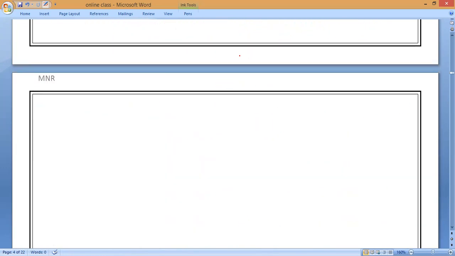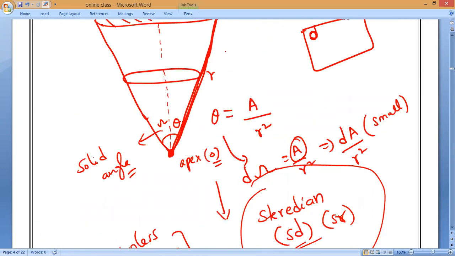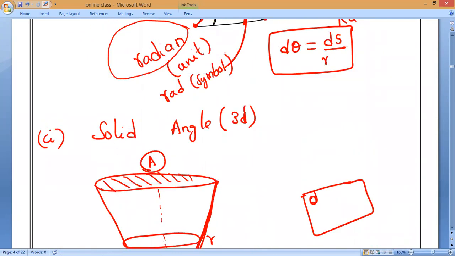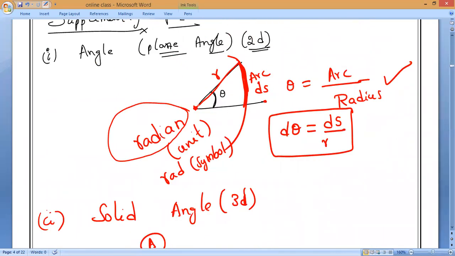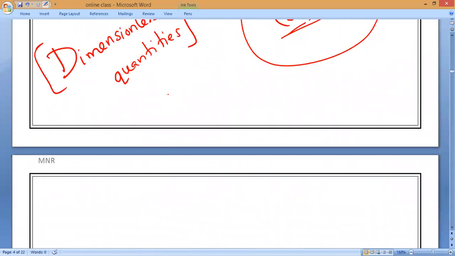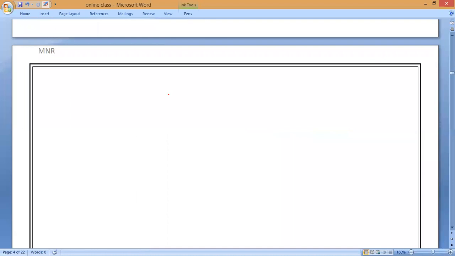Now I introduce a new thing to you. Till now, you measured angles only in degrees. Now you are studying a new thing. What is the angle we are measuring here? Radians. Unless you know this, you cannot solve many numericals in this chapter. We all know the maximum angle is 360 degrees.